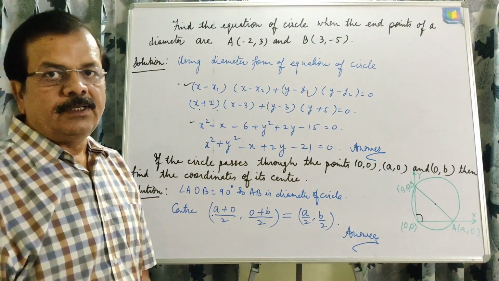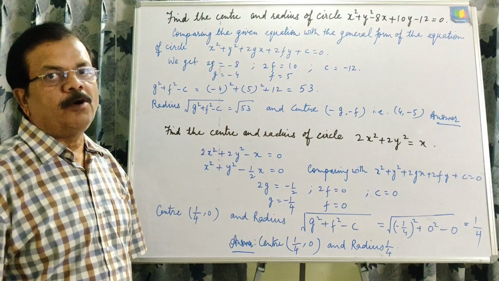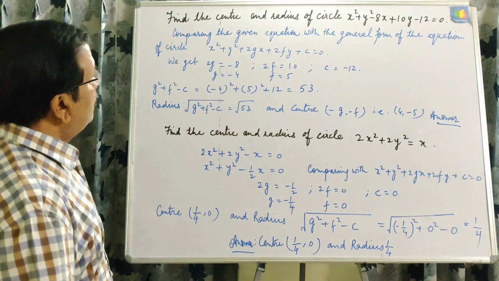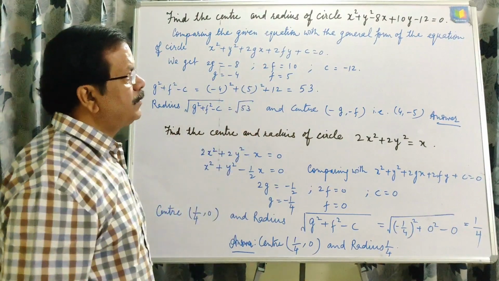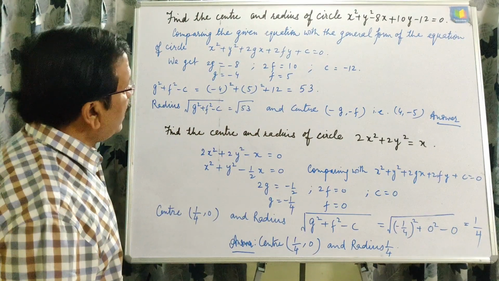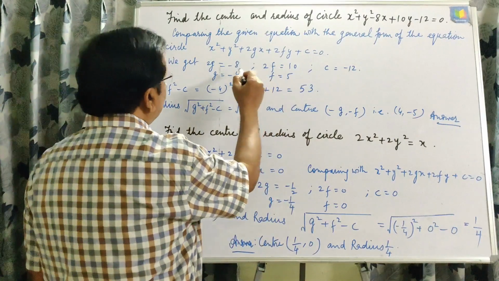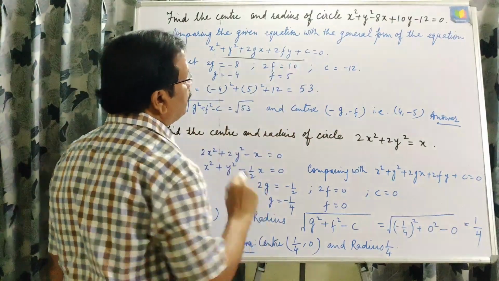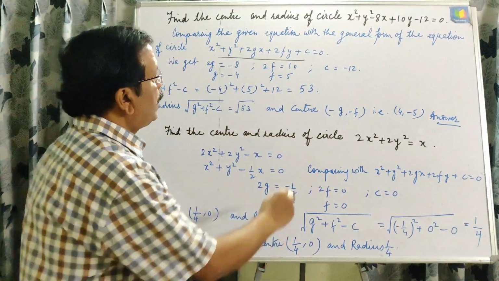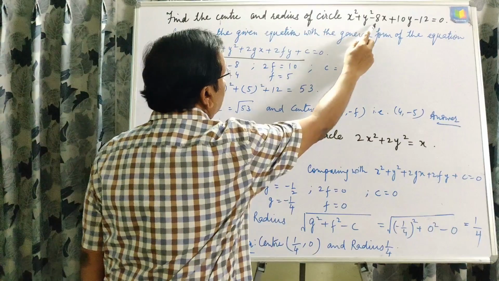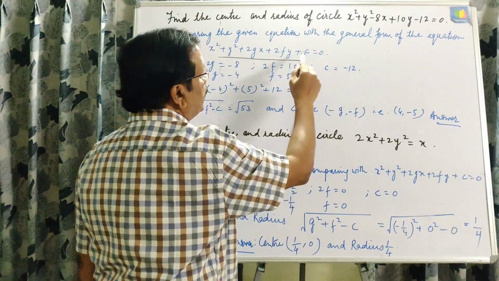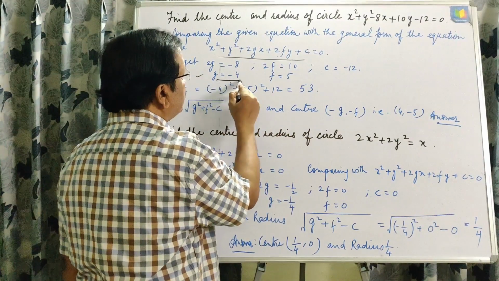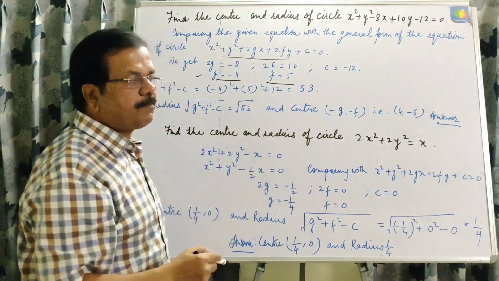Now next question. This is the third form of equation of circle, that is the general form of the equation of circle. Find the center and radius of the circle, and we can compare this circle with the general form, that is x square plus y square plus 2gx plus 2fy plus c is equal to 0. Comparing this, we are getting 2g is equal to minus 8, 2f is equal to 10 and c is equal to minus 5. And this way g is minus 4 and f is 5.